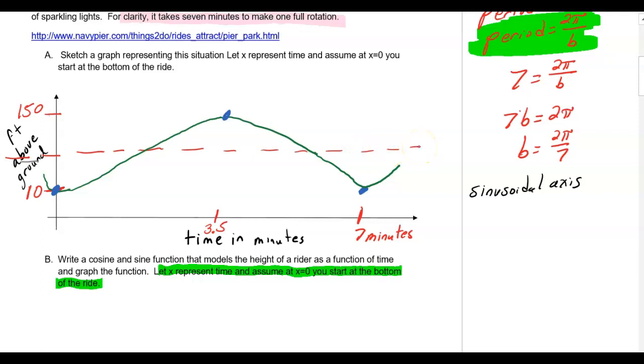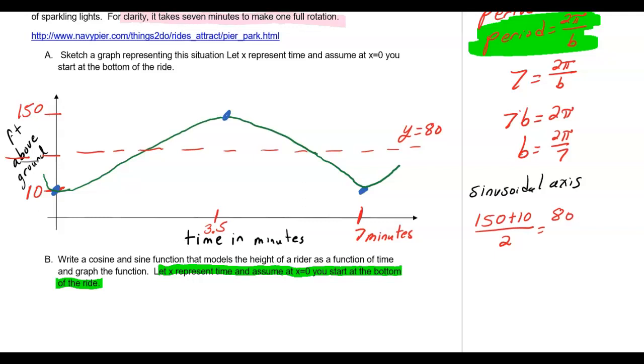And in order to find the sinusoidal axis, you can take the average of the minimum and the maximum. So you add up 150 plus 10, divide by 2, and you'll get 80. So y equals 80 is the sinusoidal axis.